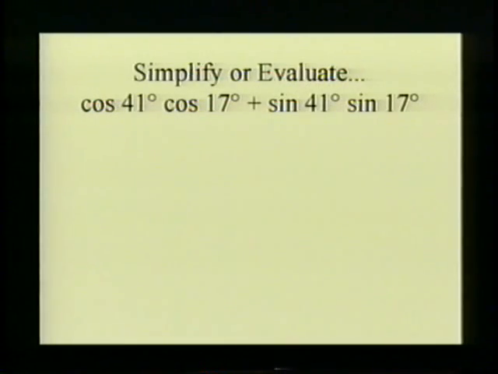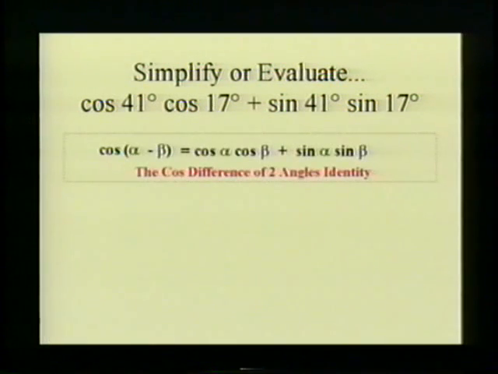Do one more. In this case, look at which function goes cosine cosine, sine sine. Okay, when the angles are the same in the first case. Well, in this case, it's going to be the cosine difference identity, where it goes cosine cosine, sine sine. Okay, and in this case, alpha, as you can see, is 41, and beta is 17.